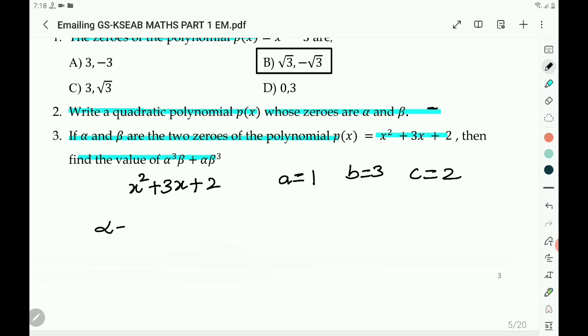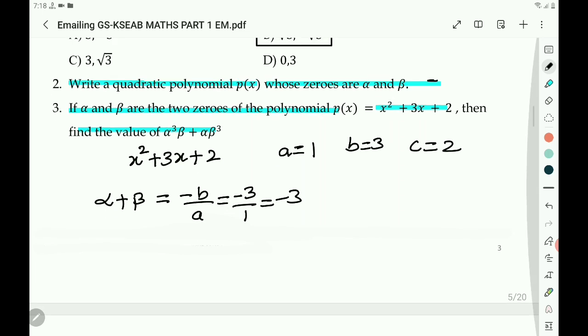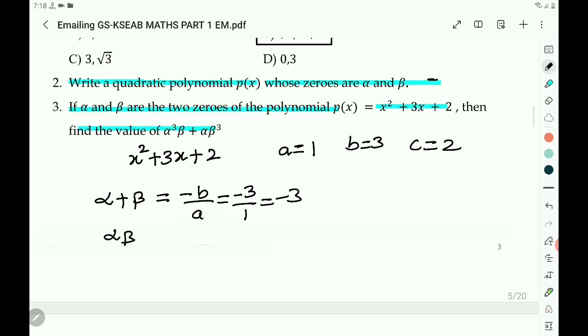Then find alpha plus beta. Alpha plus beta is equals to minus b by a equals minus 3 by 1 equals minus 3. Then alpha beta is equals to c by a equals 2 by 1 equals 2.